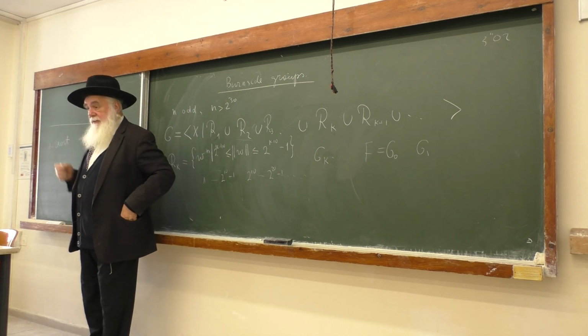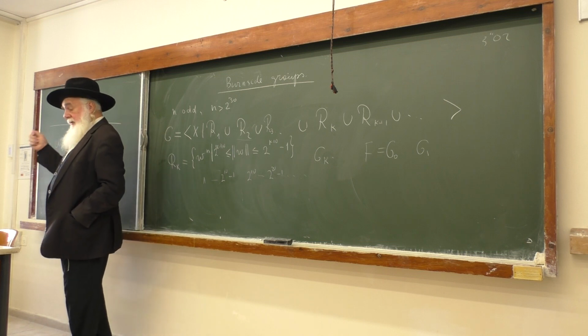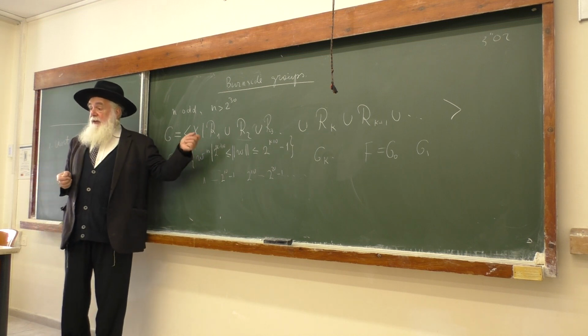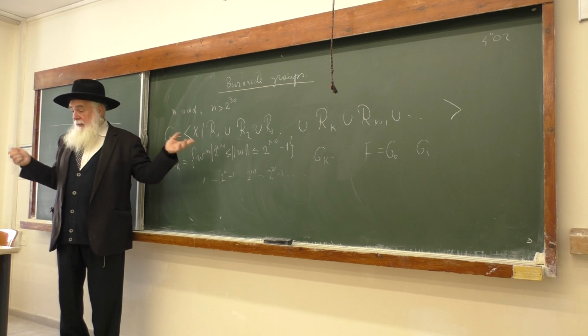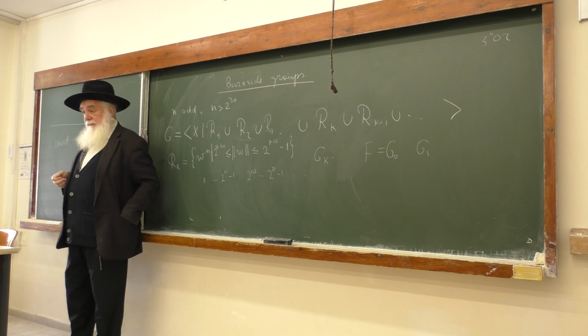Maximal sub-relators are well defined. And of course, this is closed under inverses and cyclic permutations, because the cyclic permutation has the same length, so they are inside the same level.